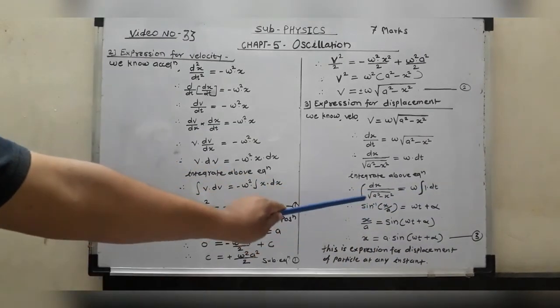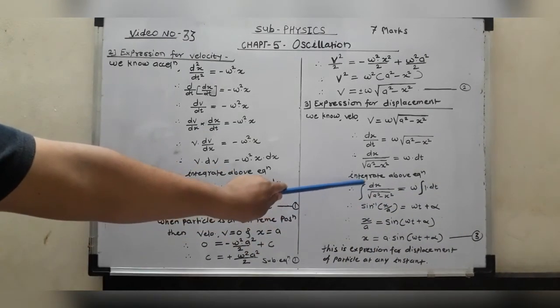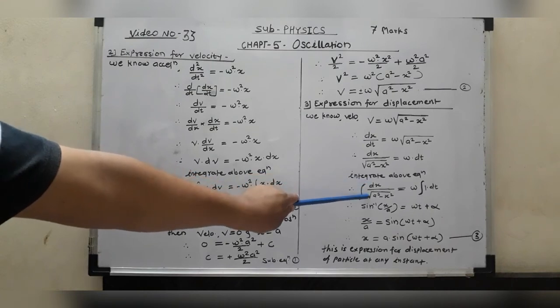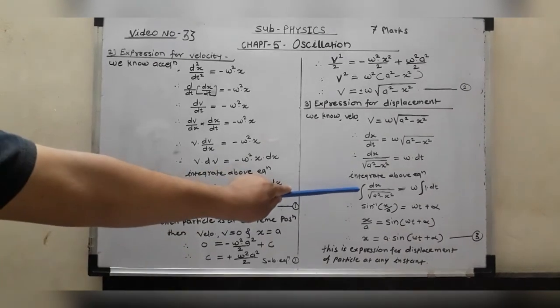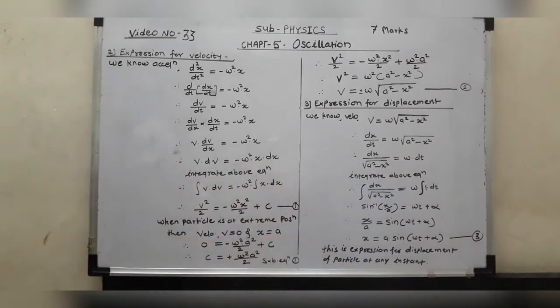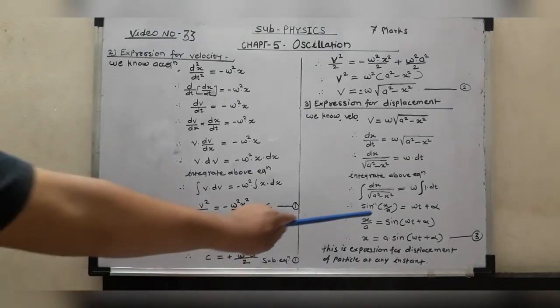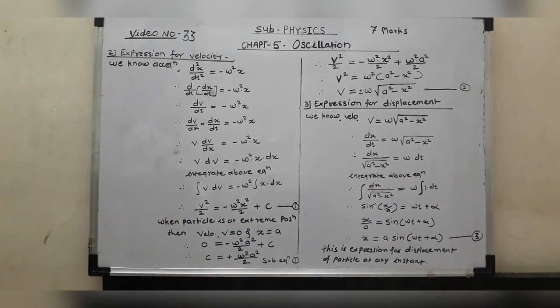Integration of dt alone is t, whereas integration of t dt would be t square upon 2. In your maths you learn the formula that integration of dx upon root of A square minus x square is sine inverse of x upon A.